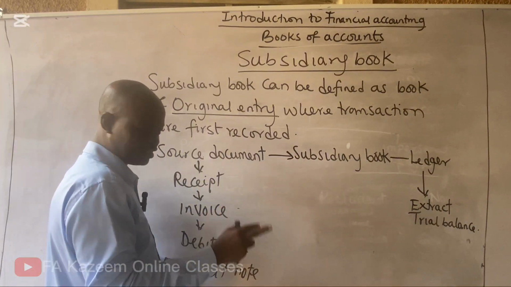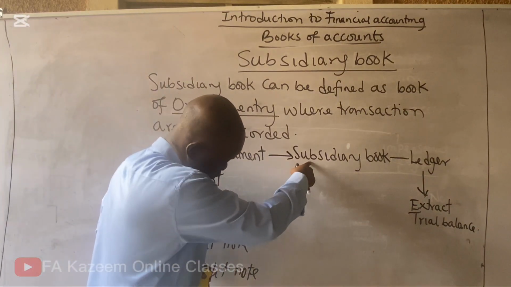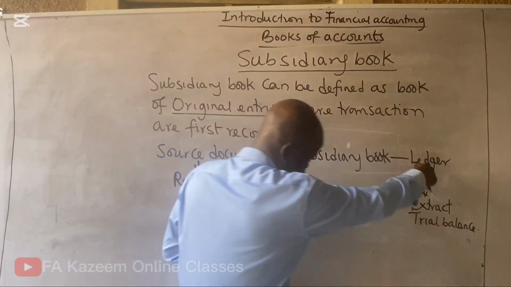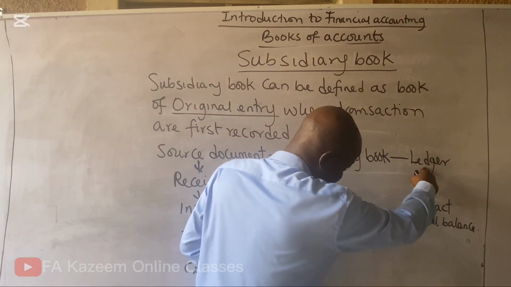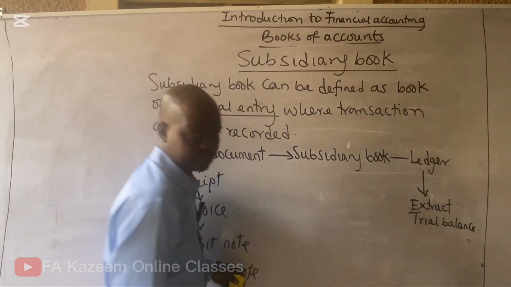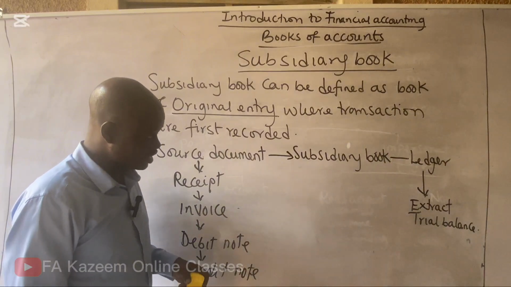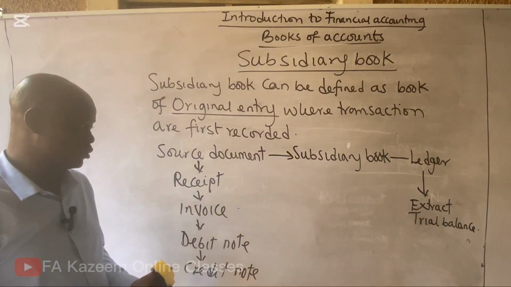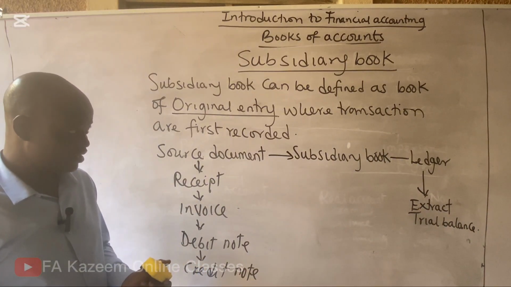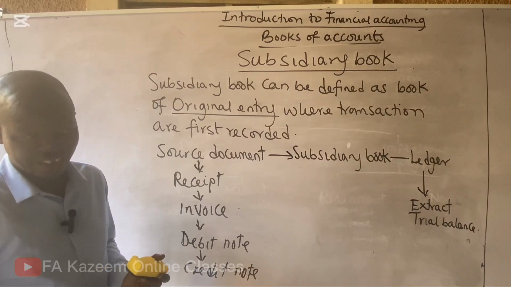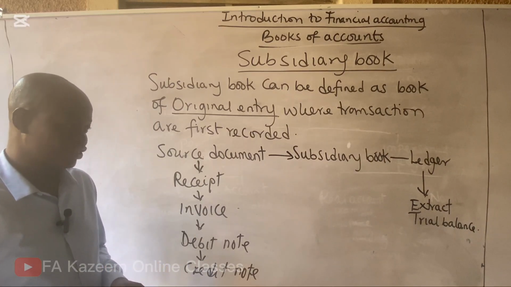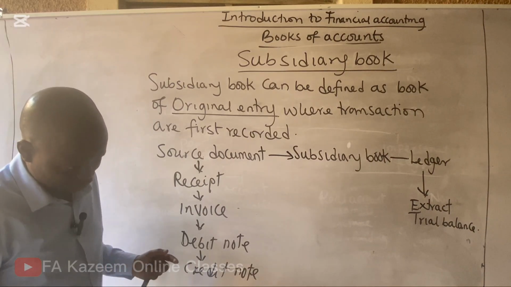To check the accuracy of what you recorded in the subsidiary book and what was recorded in the ledger, the accuracy will be checked through the trial balance. In that case, subsidiary book is a book of original entry where transactions are first recorded.